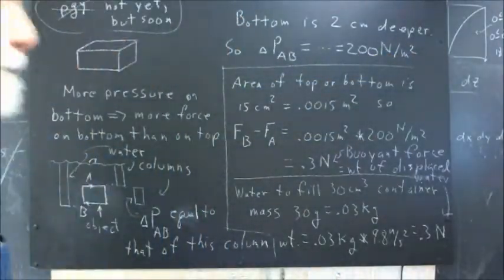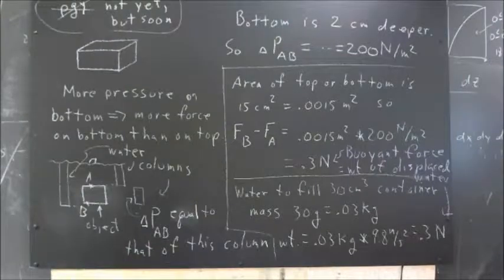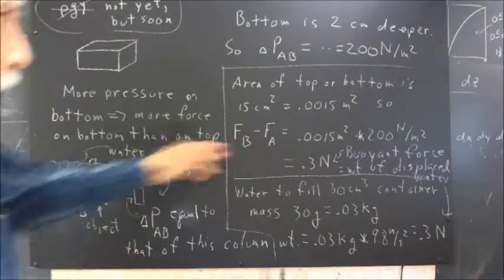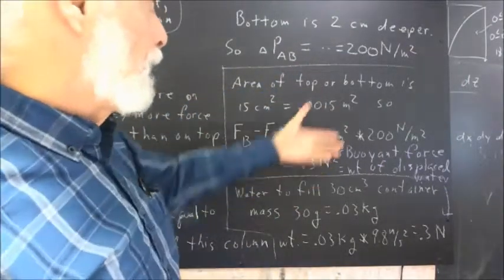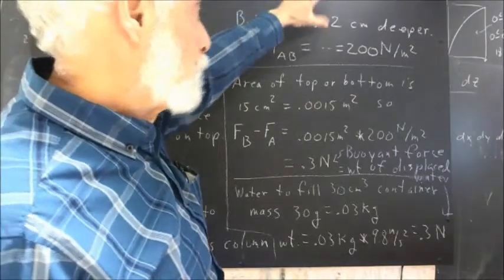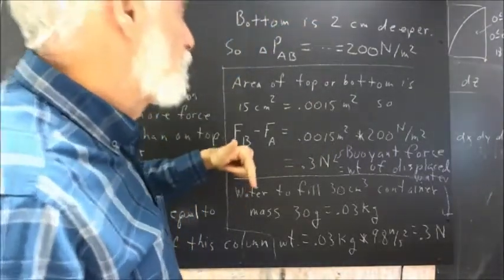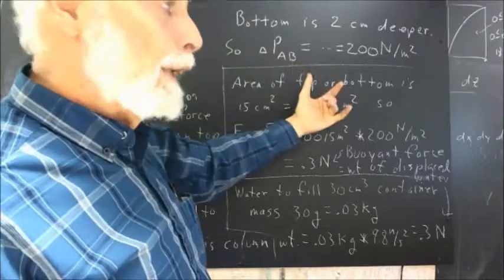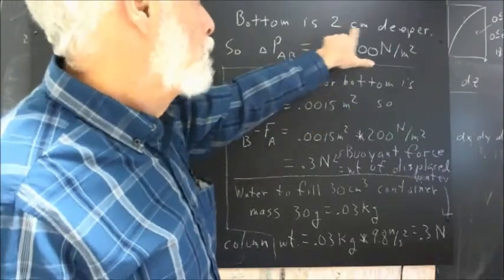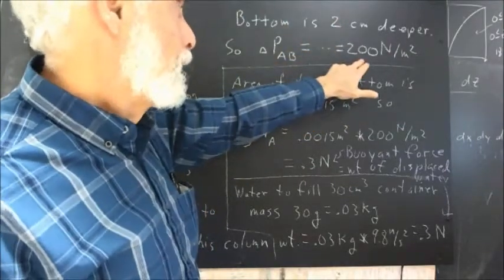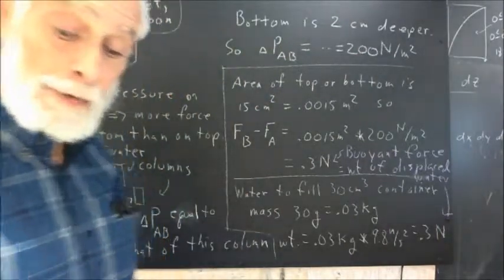Actually, I just did this by proportion. We found in the last class that a 2 meter depth would correspond to a pressure difference of 20,000 newtons per square meter. 2 centimeters is 1/100th of that, so this is 1/100th of 20,000 newtons per square meter.